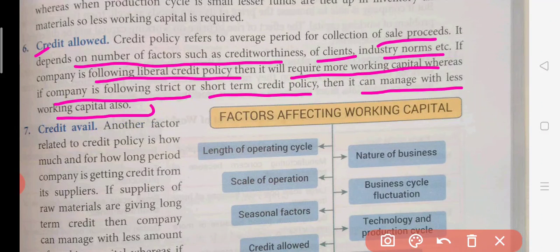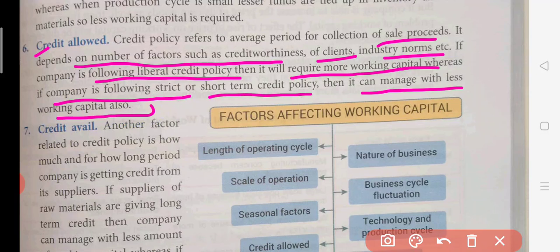Suppose you are company A and you're selling to some other company. Basically, you're allowing them credit, telling them that they can give you the money after 2 months or 3 months. So if you give them a 2 month time, this is the credit period allowed, and you'll be getting money after 2 months.